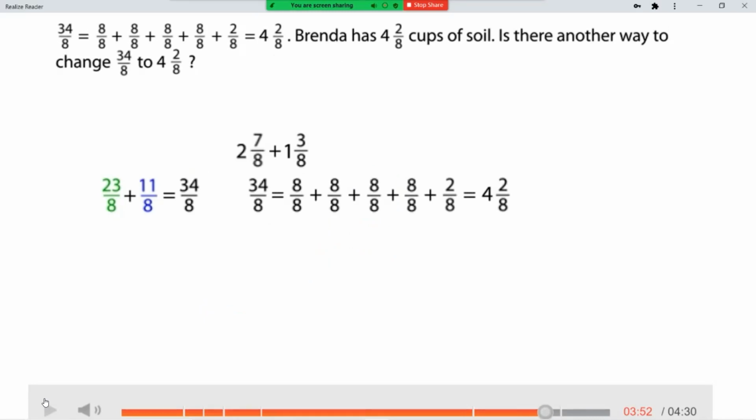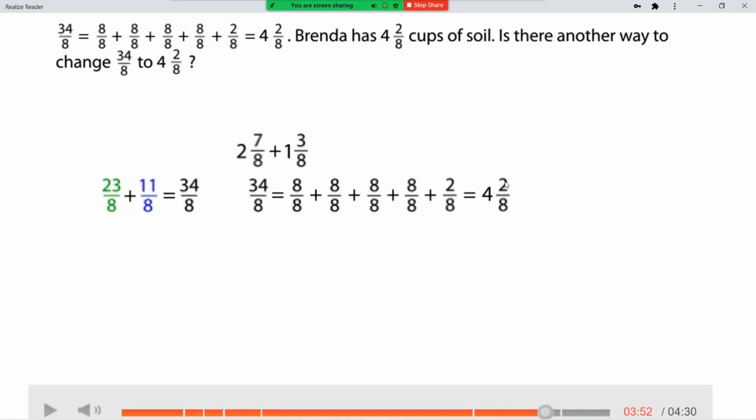Okay, let's pause here for a second. So the way they got 34/8 into 4 and 2/8. Remember, we talked about this. Think of it like division. How many groups of 8 go into 34? Well, we know 8 times 4 is how much? 8 times 1 is 8, 8 times 2 is 16. And then if you double 16, you get to 32. So 4 whole would be 32 over 8 with 2 remainder, right?